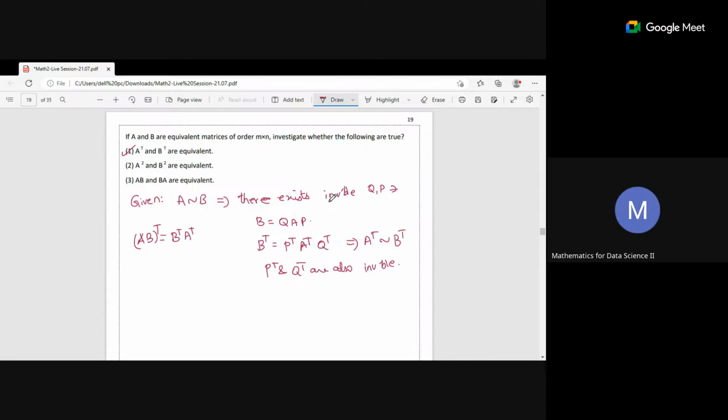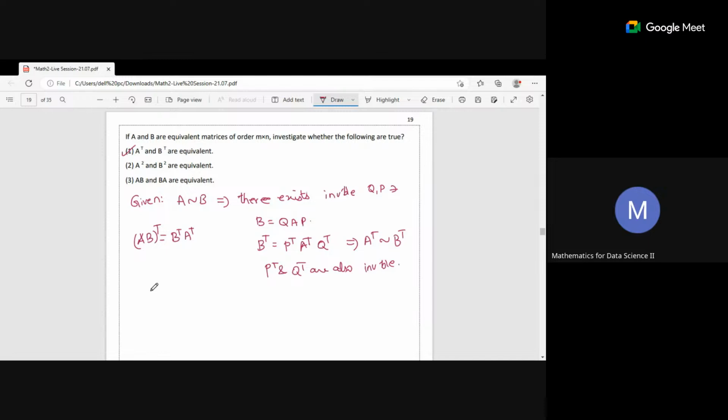So it means there is a possibility that they are not equivalent. If you want to show that something is not equivalent, what is the technique you have to use? Find one example where it doesn't hold. Yes, you have to give a counterexample.